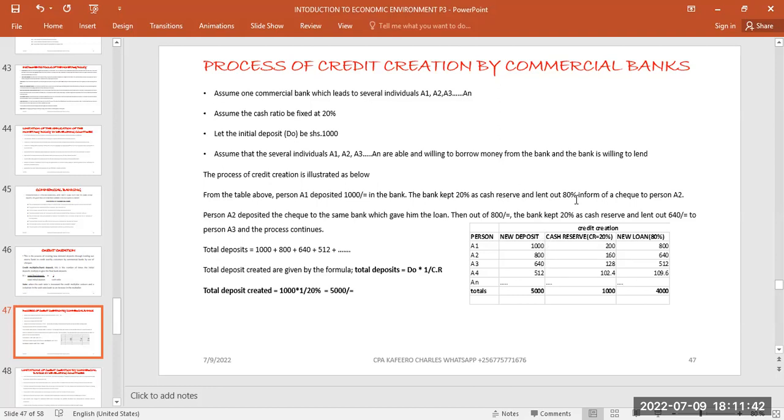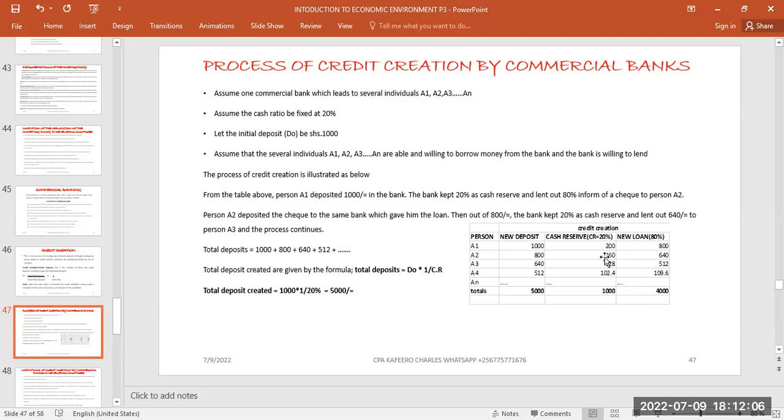And this is what you're seeing, that 20% as cash reserve and lent out the 80% in form of a check to person A2. And now what happens next is that even on this 800, we shall keep 20%. That 20% will give us 160.